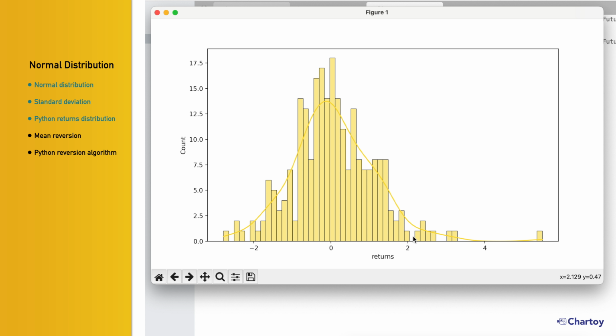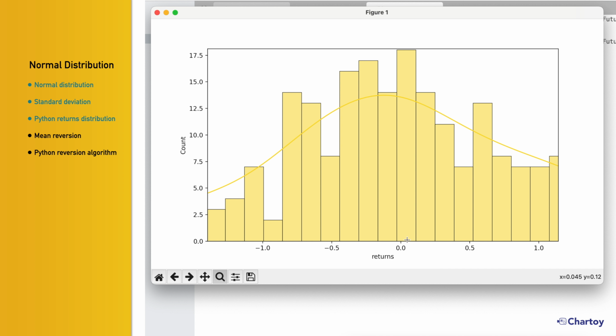And you can see that we have fewer results on the edges and more results in the center, around zero, around the average. If we zoom in here a little bit to see what's going on inside, you can see that we divided the area into bins. Each bin in this graph represents a number of returns, and we summarize them to create the bin.